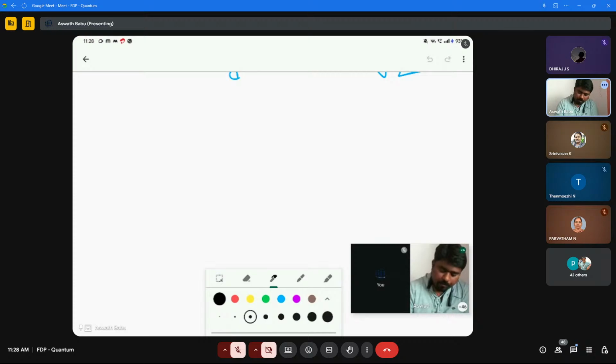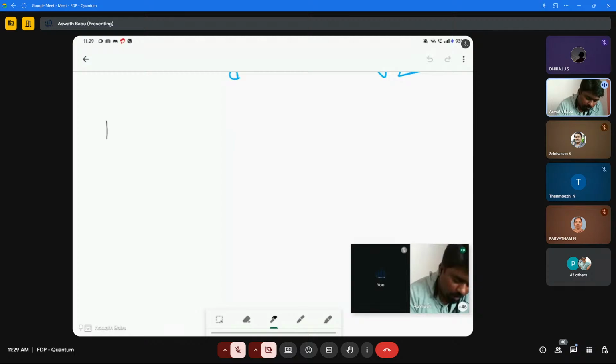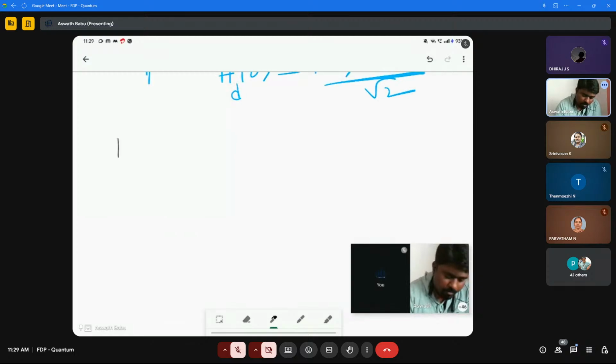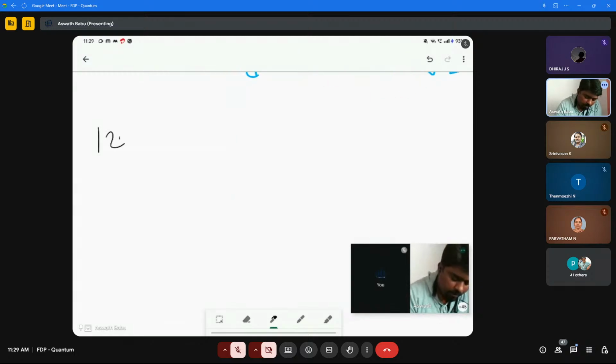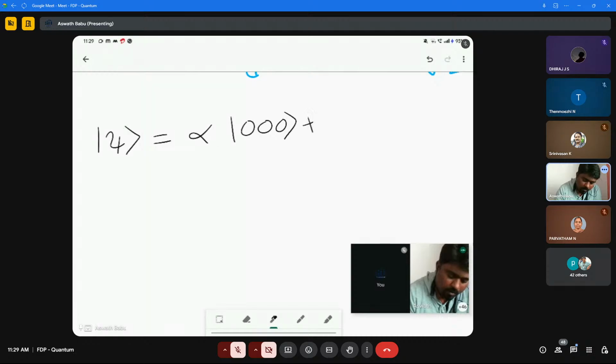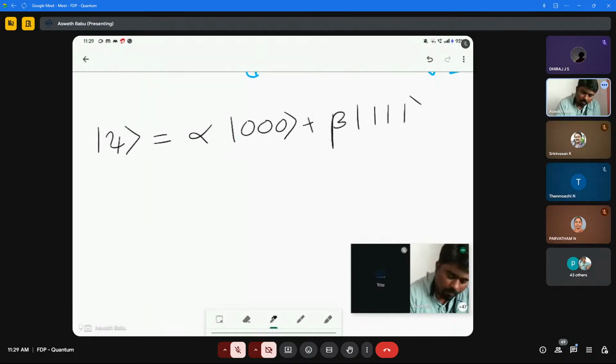Right. Now we have a quantum state, alpha 000 plus beta 111. This is the encoded state.